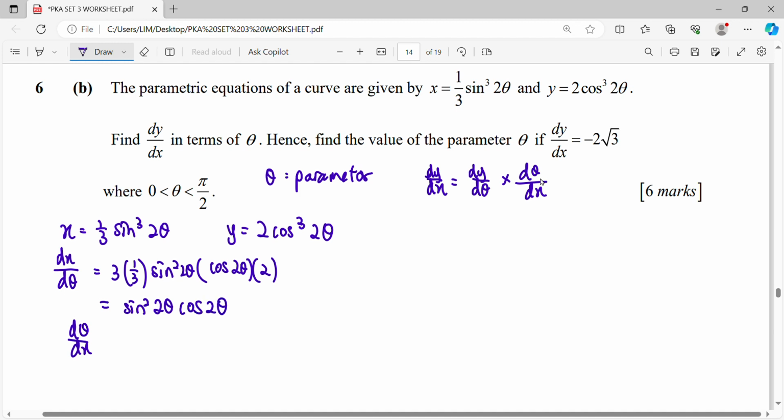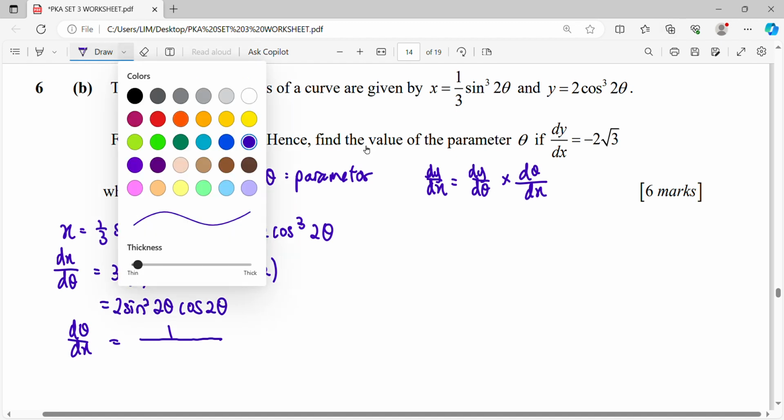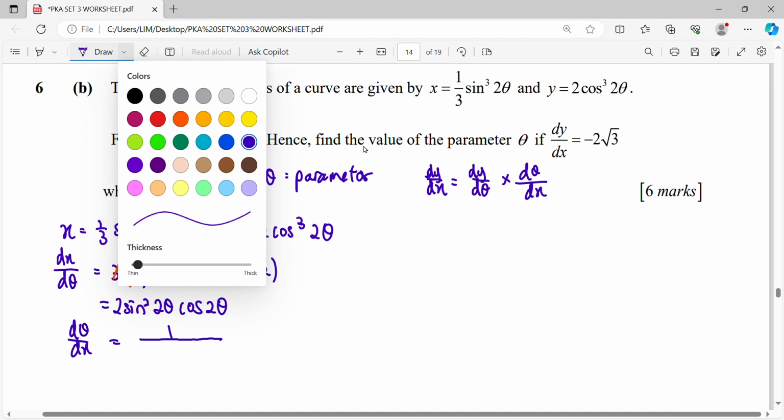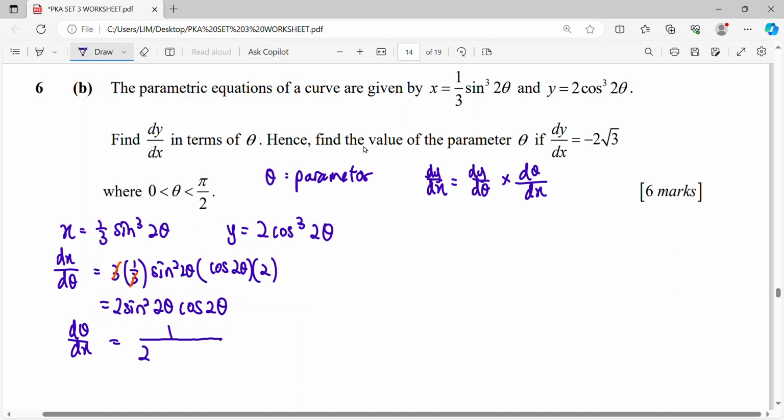So when we need d theta/dx, we inverse it and it becomes 1 over. We still have a 2 here, where 3 can be simplified. So everything goes to the denominator: 2 sine squared 2 theta cos 2 theta.